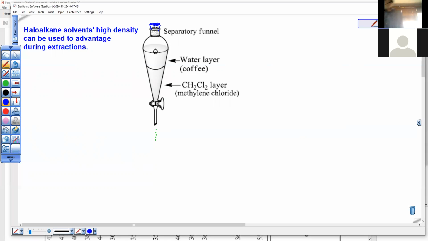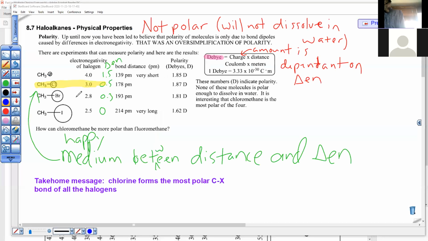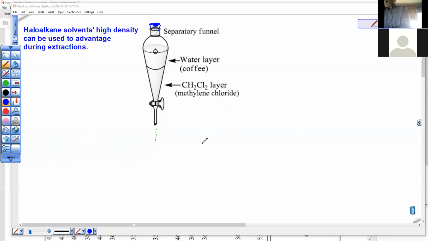And he shakes it so they get nicely mixed together, and lets the layers settle down. Why does dichloromethane go to the bottom? Because of something I forgot to discuss over here. I just didn't put it here. I'm putting it over here. Why is it the bottom layer?